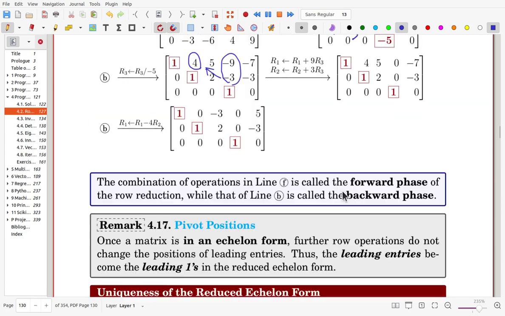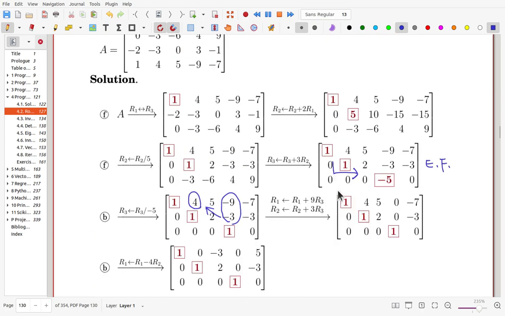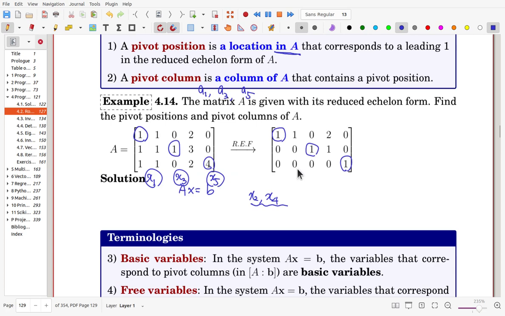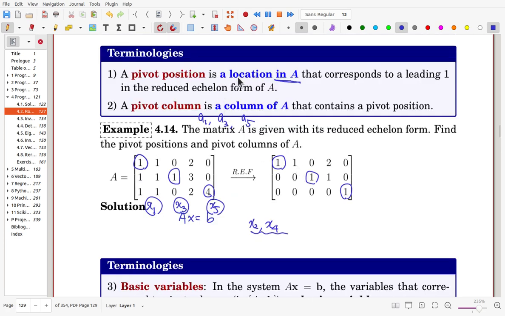In definition, a pivot position is the location in A that corresponds to a leading one in the reduced echelon form of A. So the pivot position is decided by the leading one in the reduced echelon form.